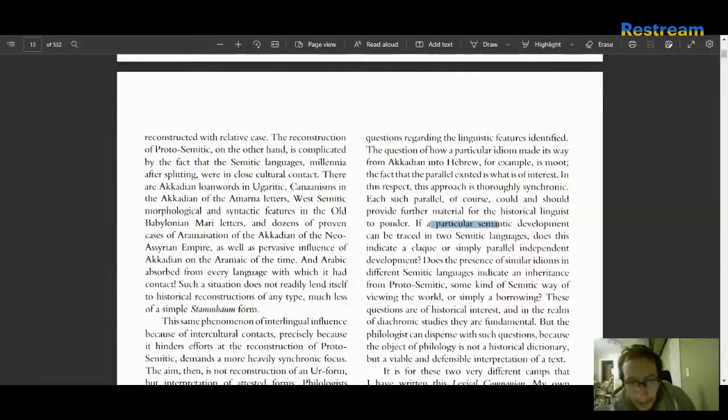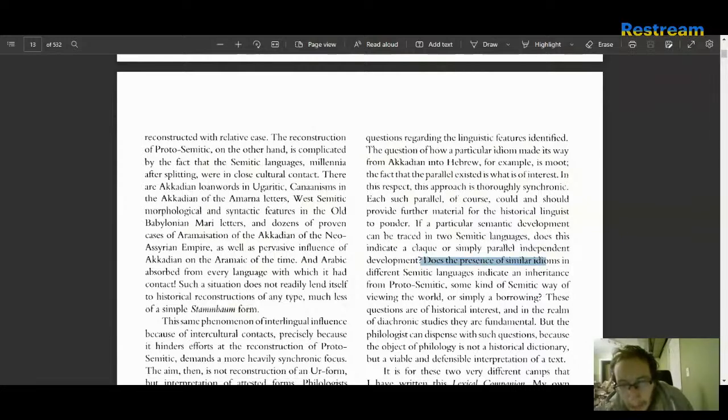If a particular semantic development can be traced in two Semitic languages, does this indicate a calque or simply parallel independent development? In other words, does this indicate borrowing from each other, or does it indicate that they both developed the same thing but independently of each other?